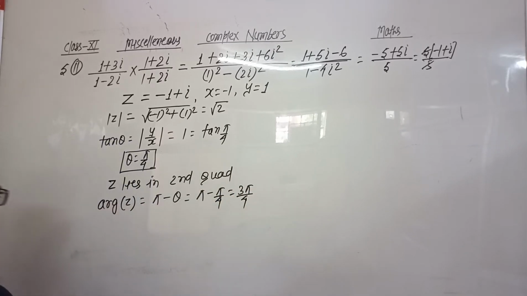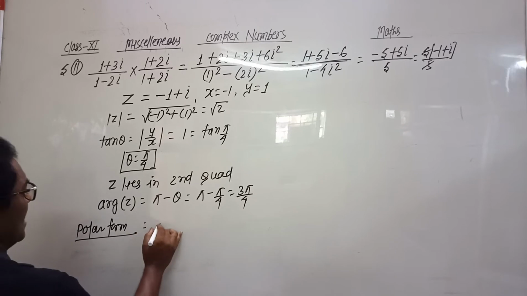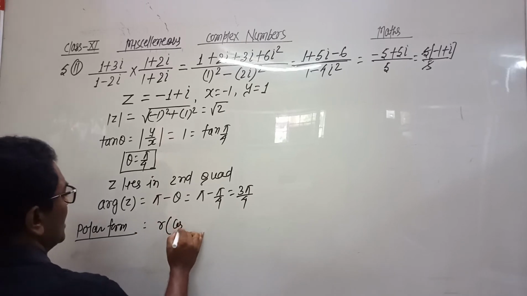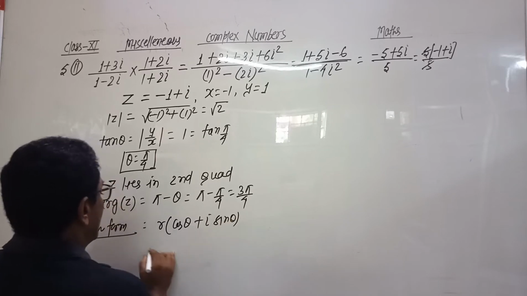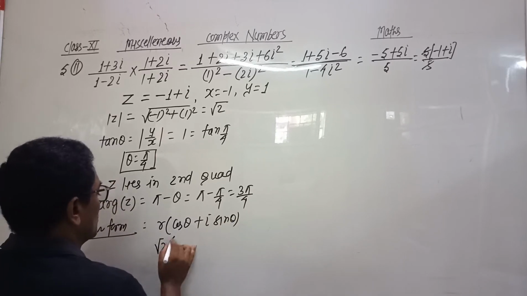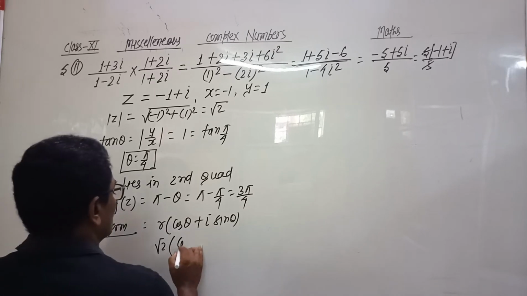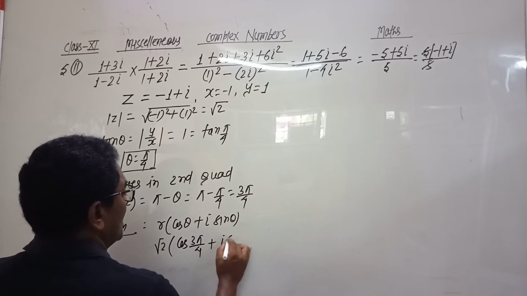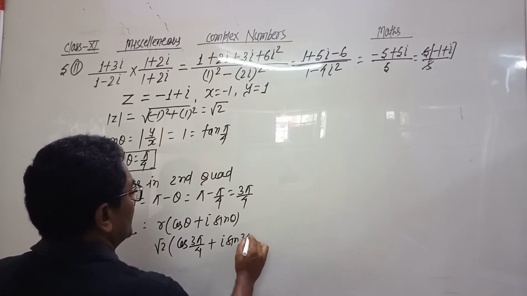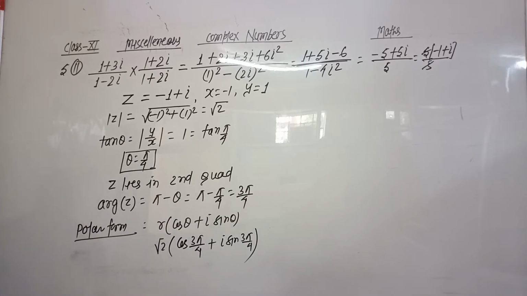The complex number is represented in polar form as r (cos theta plus i sin theta), where r means modulus and theta means argument. So cos 3 pi by 4 plus i sin 3 pi by 4. This is the result.